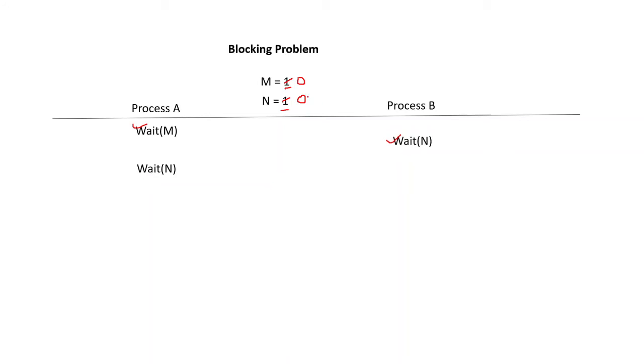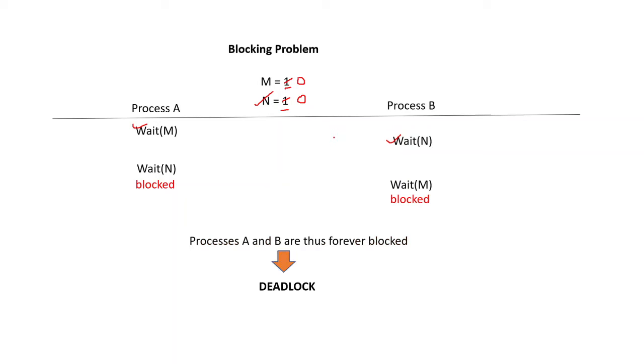Now since the value of N is 0, process A will be blocked and placed in the waiting queue which is associated with N.